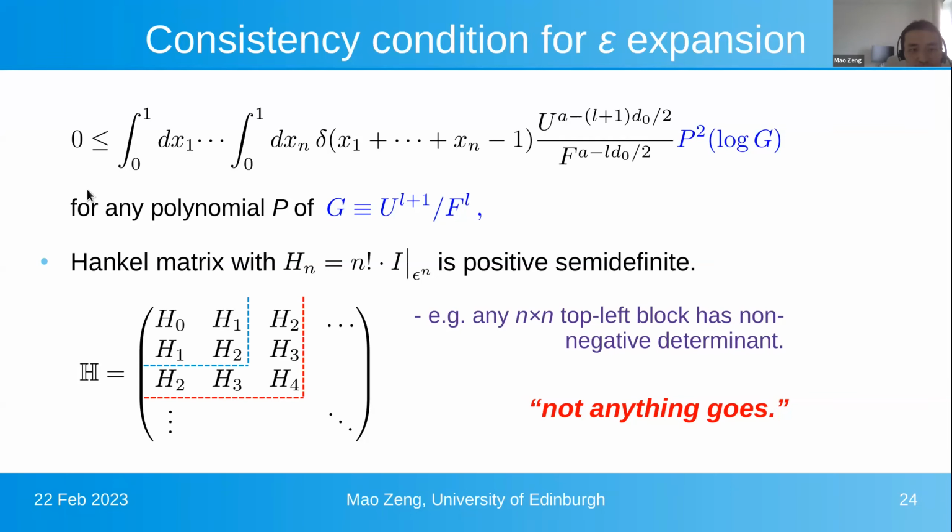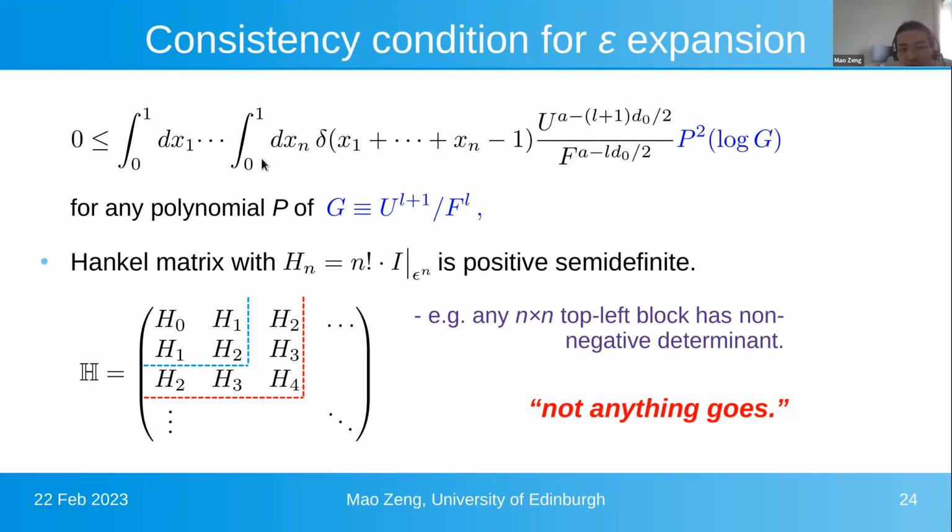The third row has one more offset. It starts from H2 and then goes to H3, H4. So with this matrix, where each Hn is just a rescaled coefficient of the epsilon expansion, I know that this matrix must be positive semidefinite.